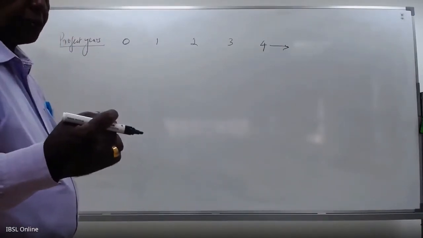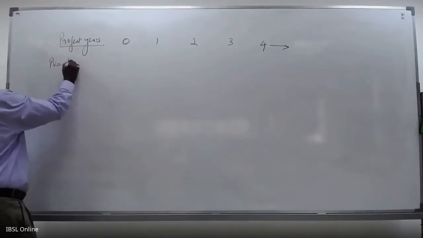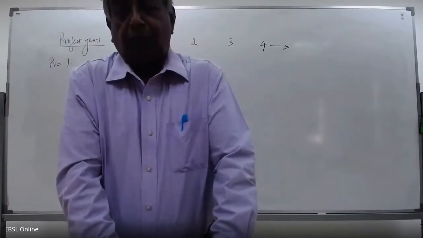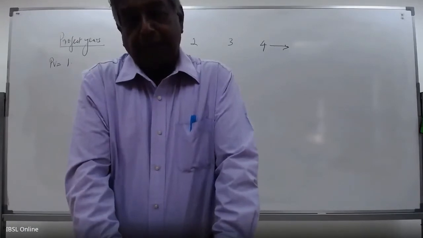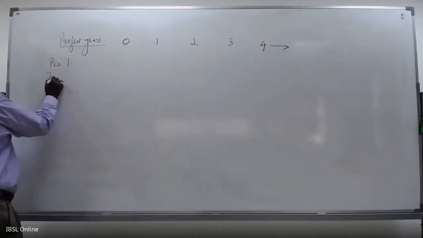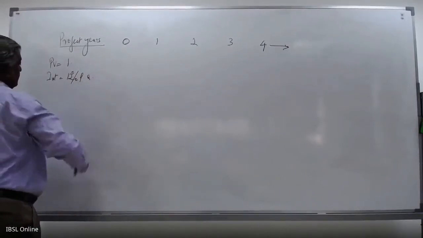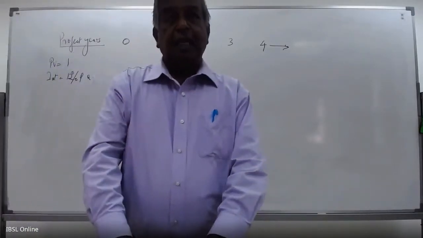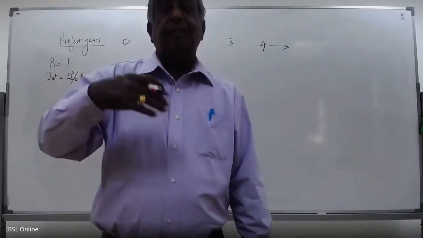Now, I have 1 rupee, that is PV. I want to invest this money with a bank in a fixed deposit at an interest rate of 12% per annum, with automatic renewal.